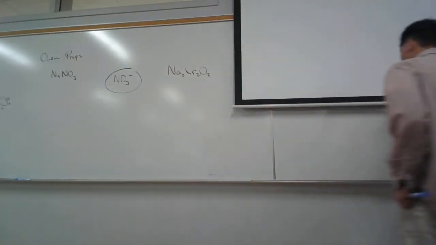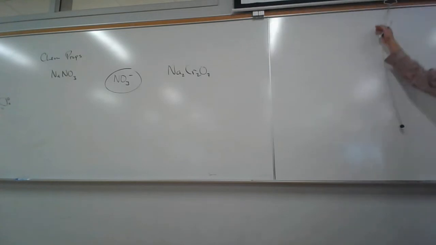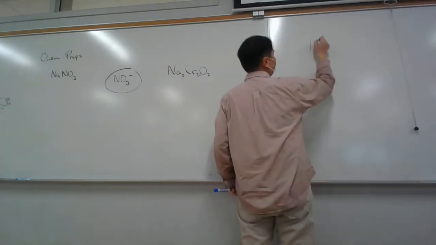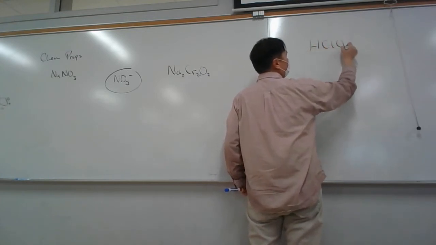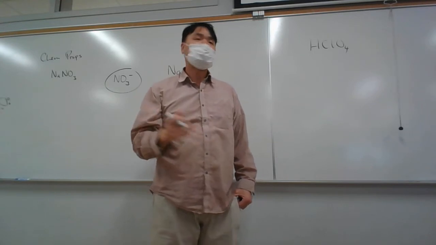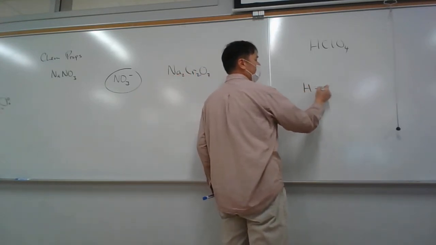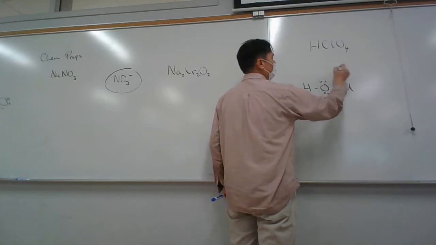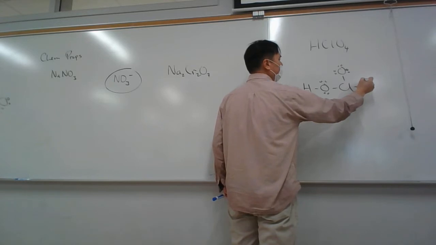This acid is particularly dangerous. And what is the acid? It's HClO4. HClO4 is a particularly dangerous acid because, let's take a look at the Lewis structure for HClO4. I'm going to do it without an expanded octet.